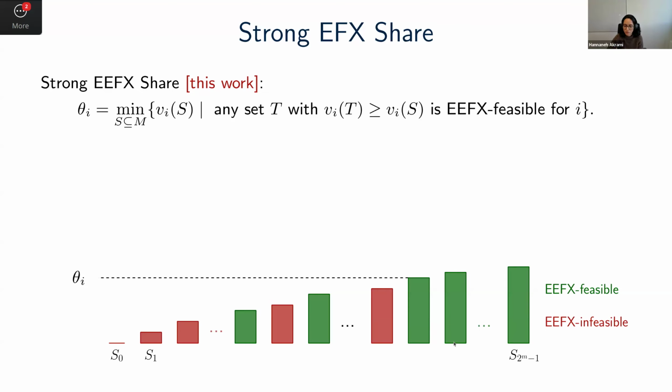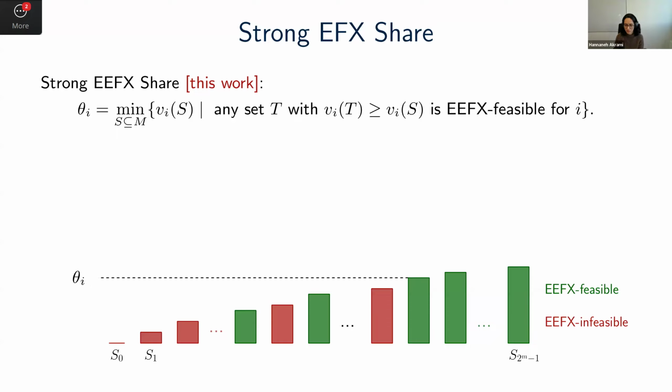So basically it would be the value of the leftmost green bundle such that everything to the right of that is green. So it is the value of a bundle such that we know any subset having larger or equal value than that is epistemic EFX feasible.